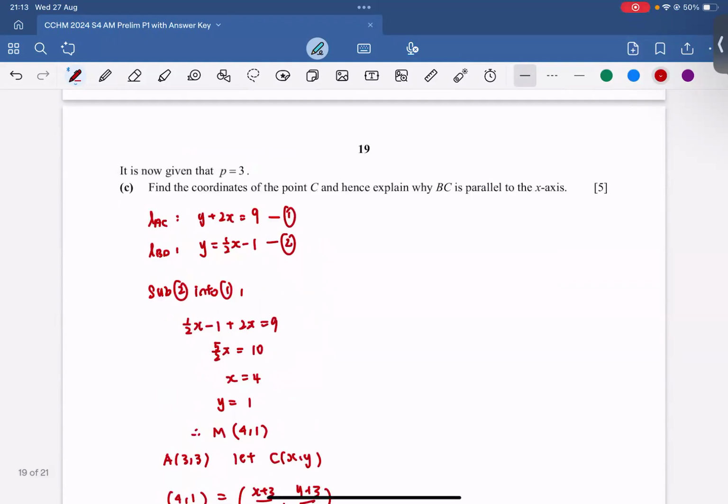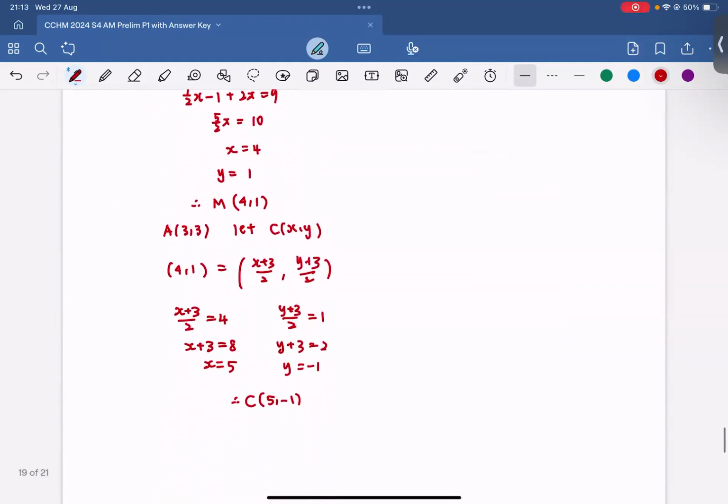Explain why BC is parallel to the x-axis. You can simply say that since the y coordinate of B and C are the same, BC is parallel to the x-axis.